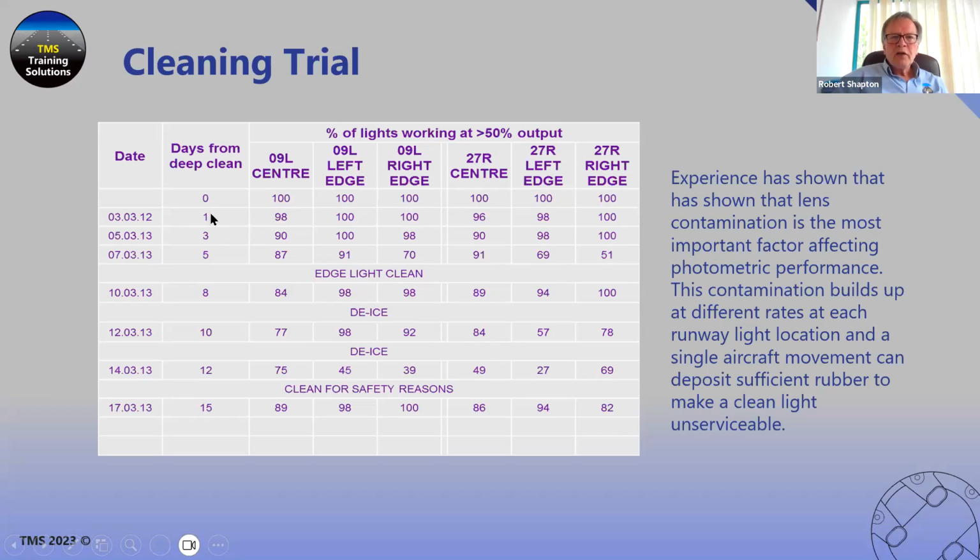Then we measured at further days after so many days. Significantly, in a UK environment in the winter time there's far more contamination, far more dirt, and far more fluids, de-icing fluid for example, present on the runway, and the contamination of the runway lights happens faster.